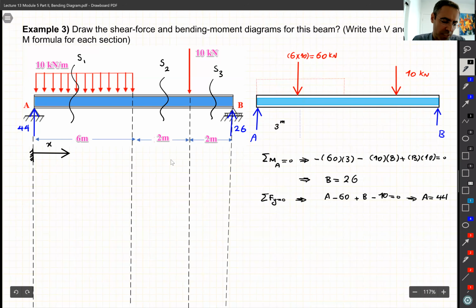I'll do the first section, S1. By section, I mean I cut the beam somewhere in the middle there, like S1, and I keep either the left or right side. But it seems it's wise to keep the right side for this beam, right? Sorry, the left side. Let's do that.